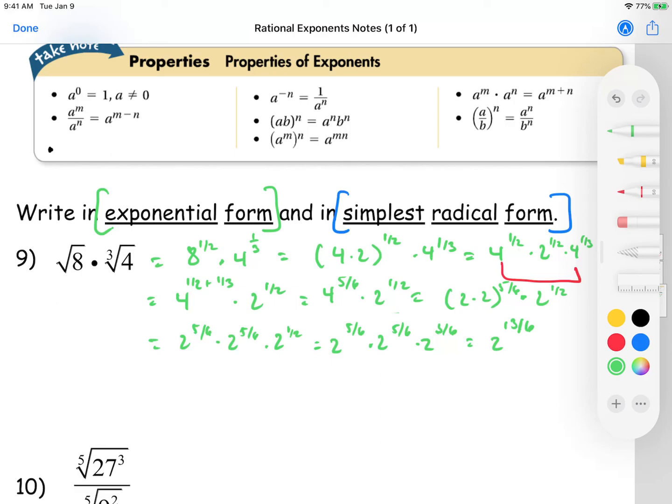Well, 2 to the 13/6 is the same thing as 2 to the 12/6 times 2 to the 1/6. Which is equal to 2 squared times 2 to the 1/6, which would give me 4 times 2 to the 1/6.